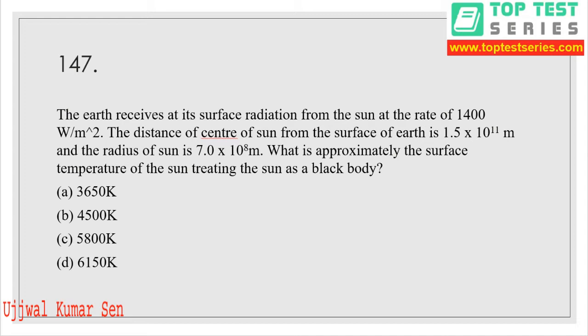What is approximately the surface temperature of the sun, treating the sun as a black body? So my dear, this is an amazing question. We have the sun and another surface, the distance is 1.5 into 10 to the power 11, and the sun's radius is 7 into 10 to the power 8 meter.